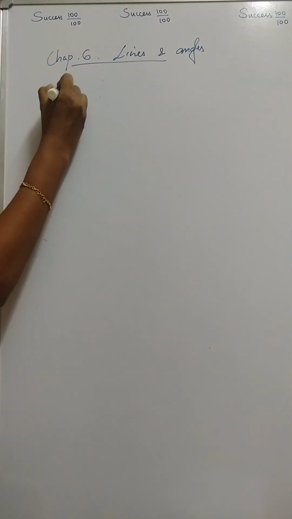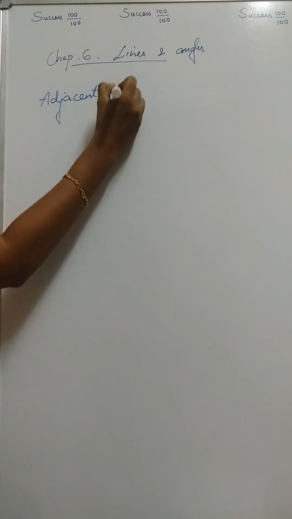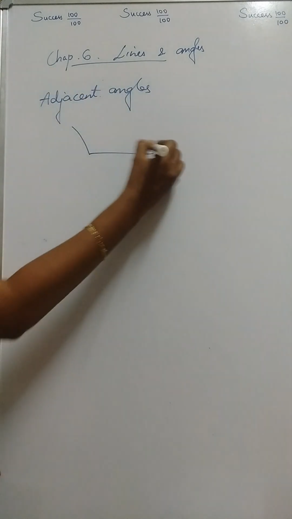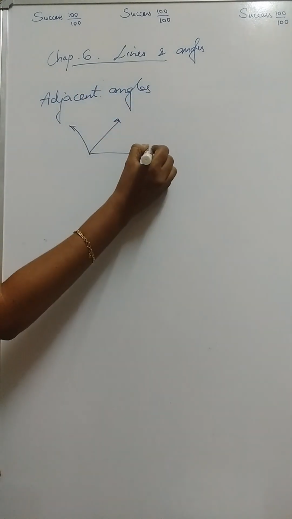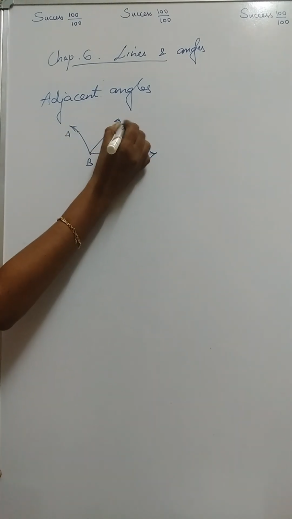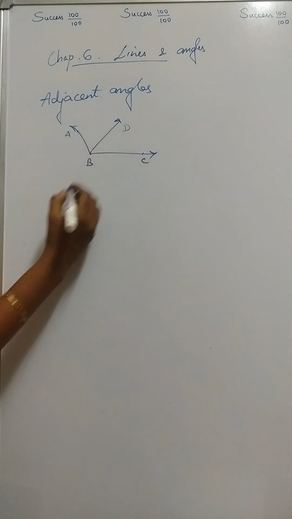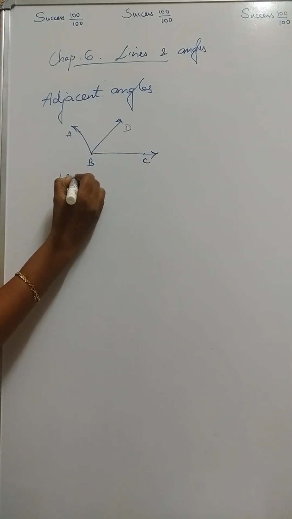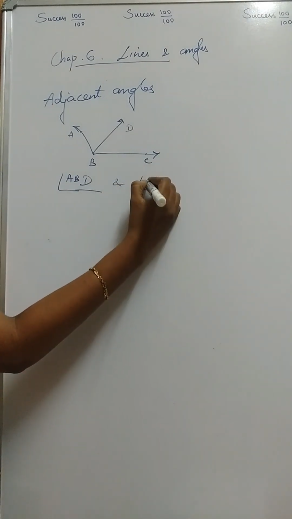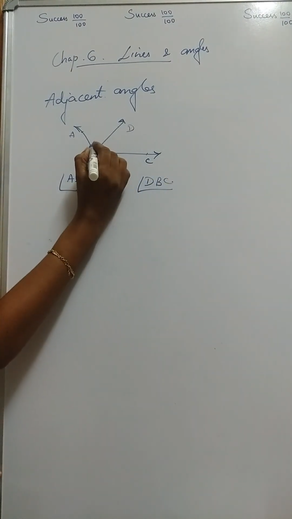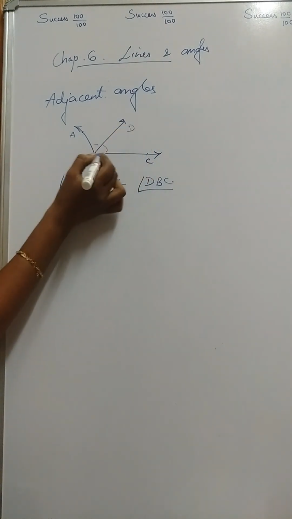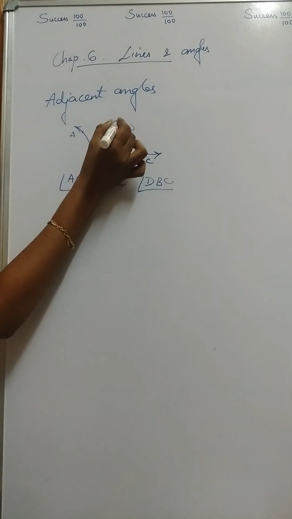So the next topic is adjacent angles. See, let me mark it as A, B, C and D. So angle ABD and angle DBC are called adjacent angles because these two angles have a common ray.